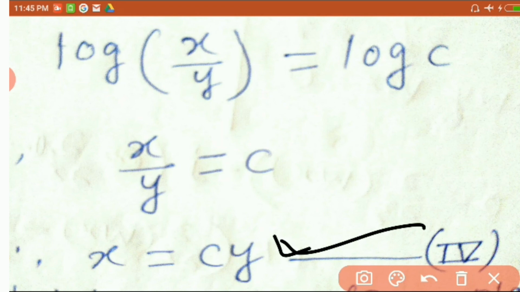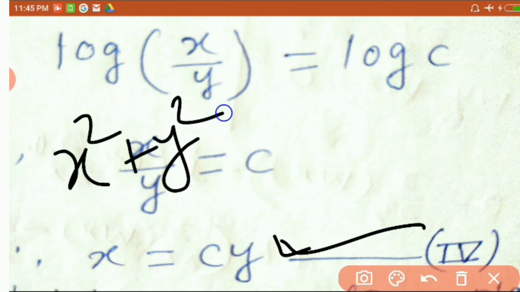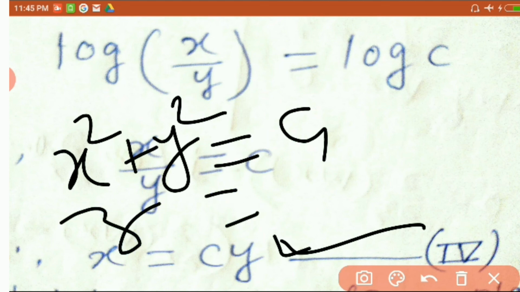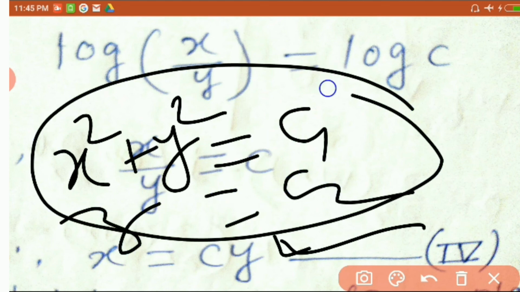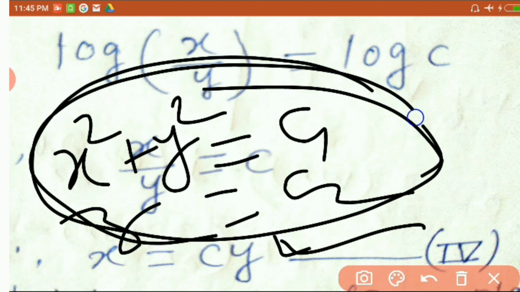Which streamlines? The streamlines are x square plus y square is equal to c1 and z is equal to c2. It cuts these streamlines orthogonally.